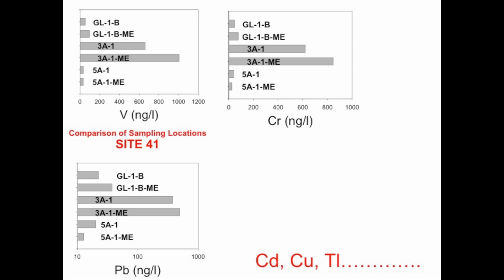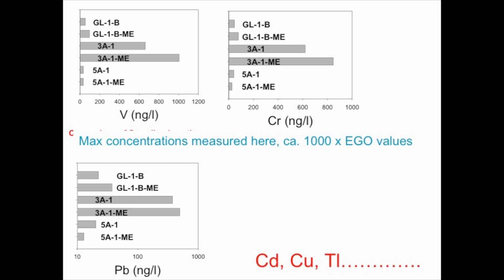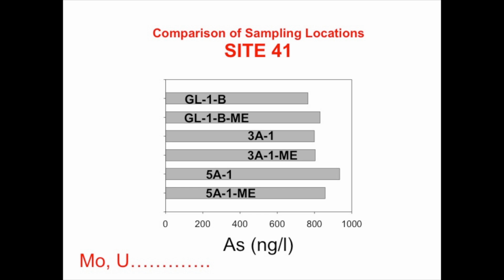Chrome concentrations, all of these trace metals show the same pattern. They're far higher than the concentrations I'm measuring just down the road. So the values from the monitoring wells to monitor the background at the planned landfill are 1,000 times higher than what I'm measuring. But with arsenic, we see no variation, because it's anionic.